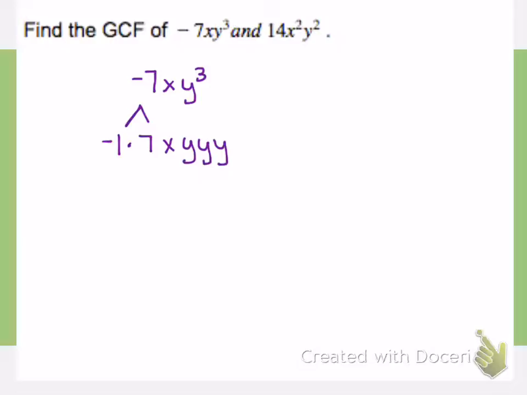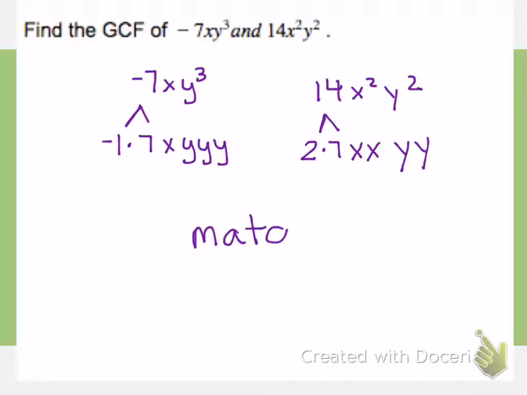And our next monomial, 14, x squared, y squared. And we break down 14 into its primes, and that would be 2 times 7, 2 factors of x, and 2 factors of y. Now remember, for GCF, you're looking for what matches.